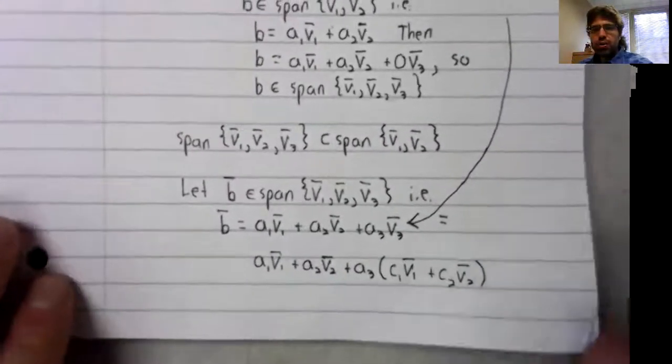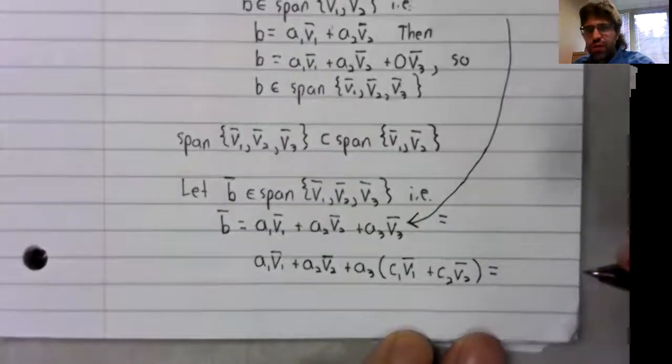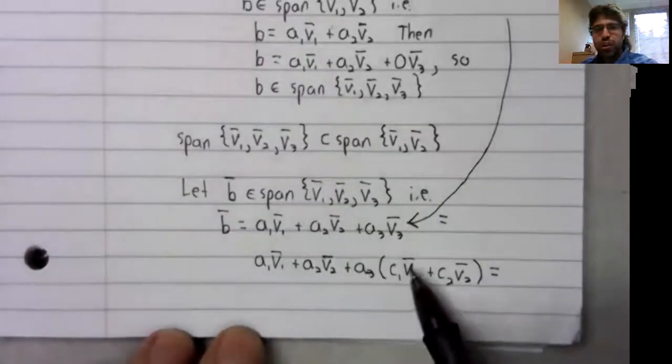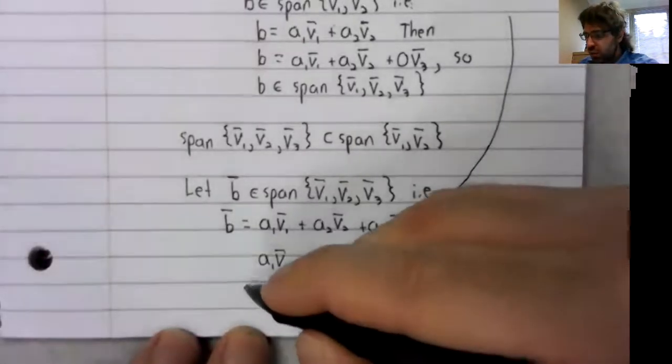And now, just as we run out of room on the page, we finish up our proof. We can distribute this and combine like terms.